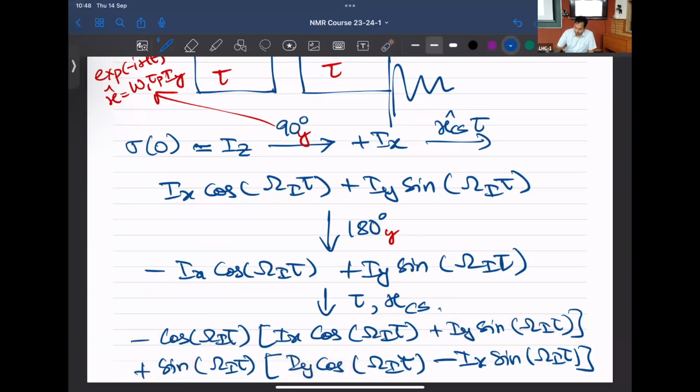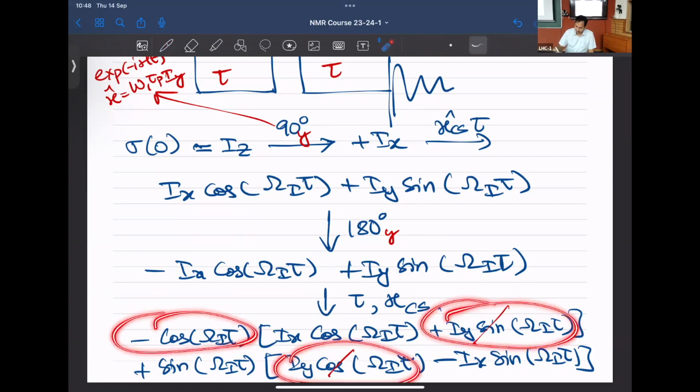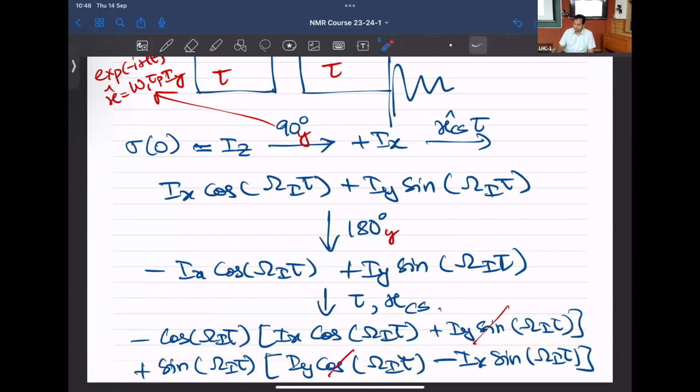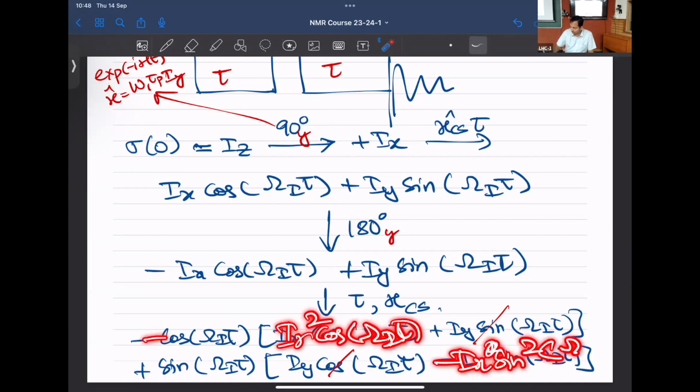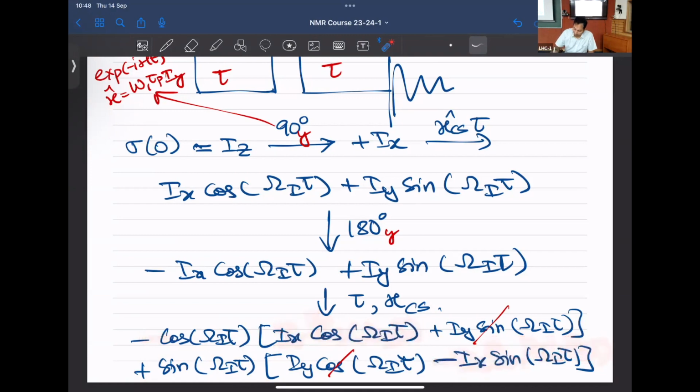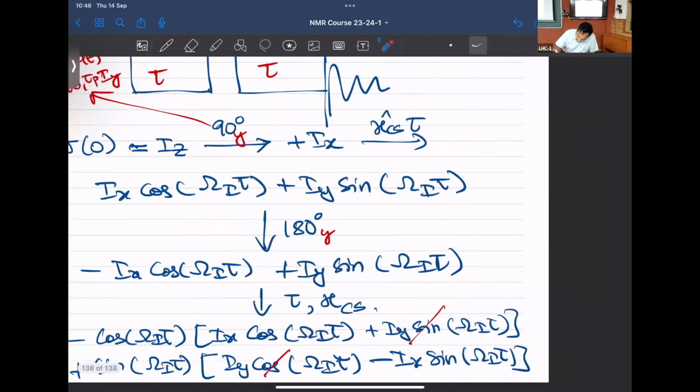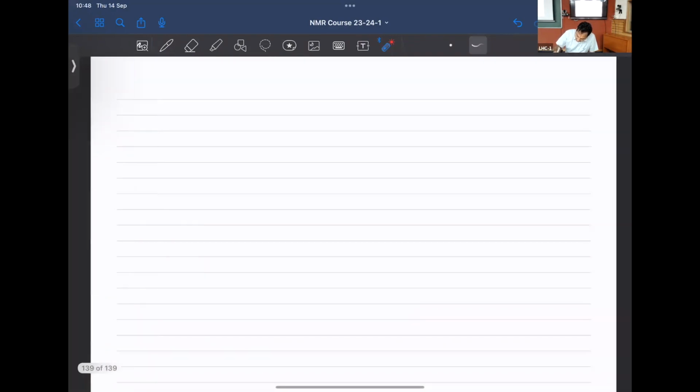So therefore, we are able to see that this gets cancelled. Everybody agrees? These are just two opposite entities that are present, given the coefficients. And you're going to have a minus Ix cos square of omega it, tau, and minus Ix sine square omega I tau. So therefore, this entire thing reduces itself to, is it 2?